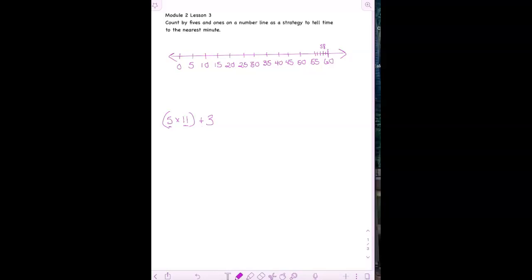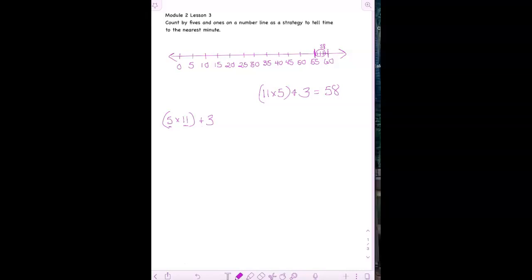That's the same thing we did here. To get to 55, we hopped 1, 2, 3, 4, 5, 6, 7, 8, 9, 10, 11 times. So we did 11 fives and we added 3 more onto that. And we got 58.